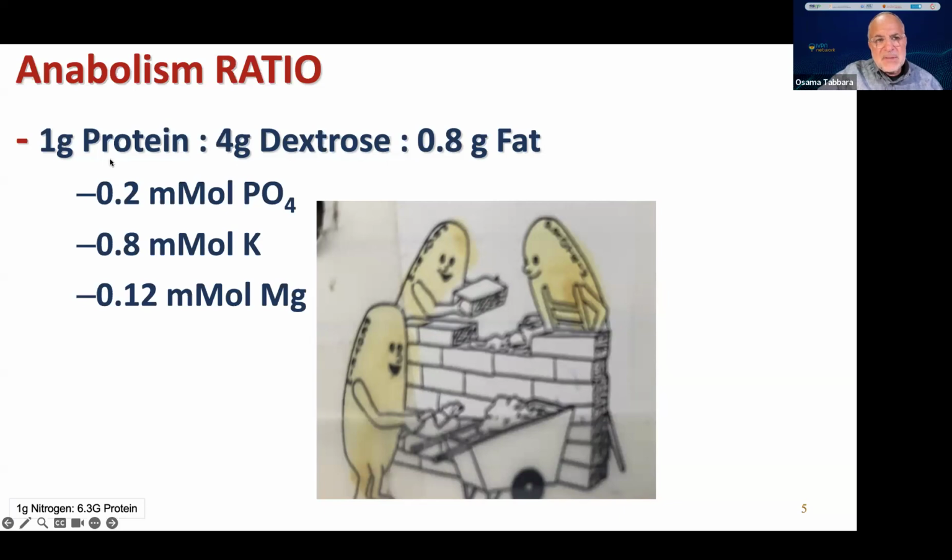So in order to build this building, or to build a proper cell mass, for each 1 gram of protein, we need to combine it with 0.2 millimole of phosphate, 0.8 millimole of potassium, and 0.12 millimole of magnesium.